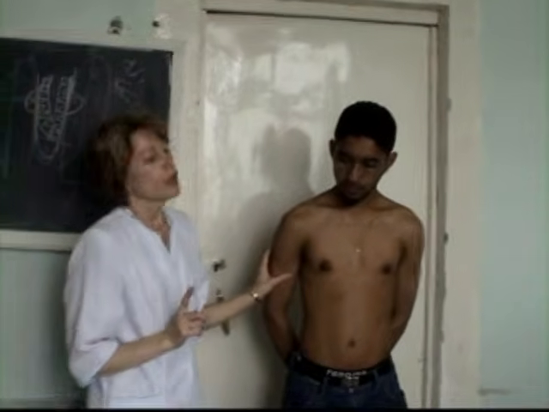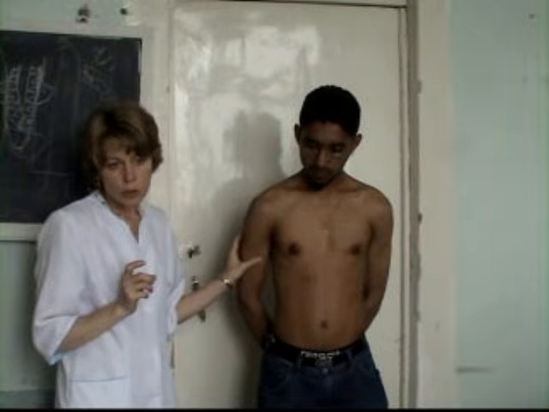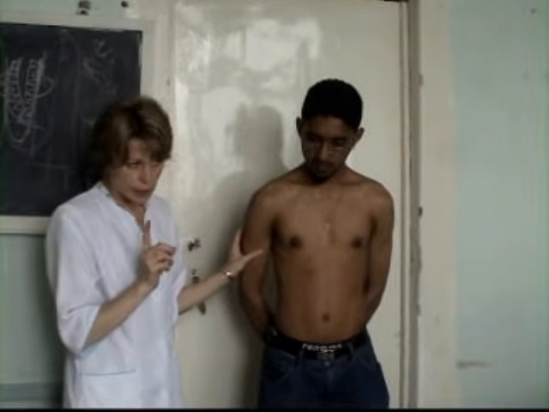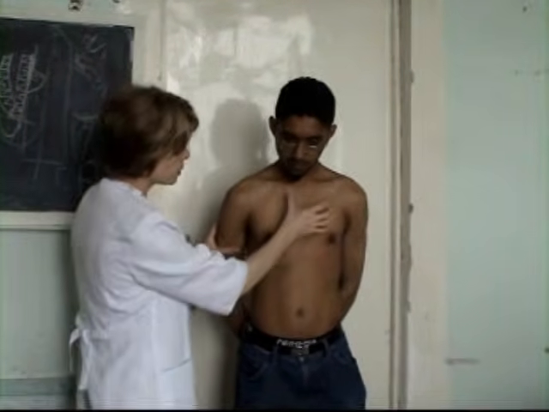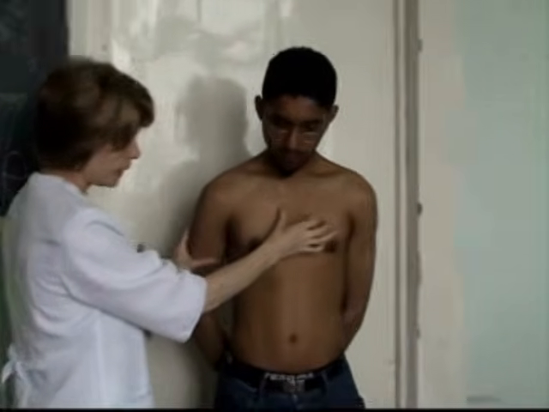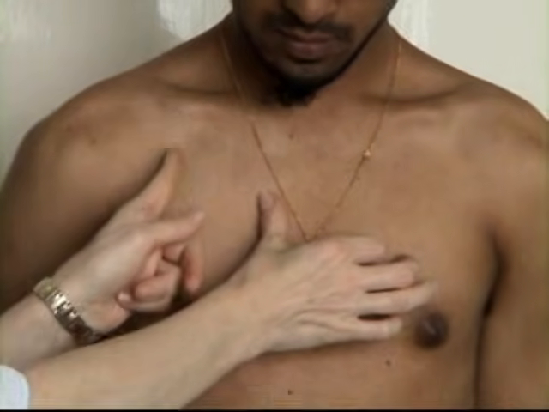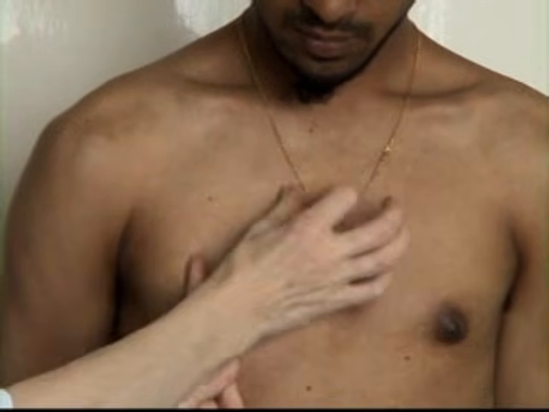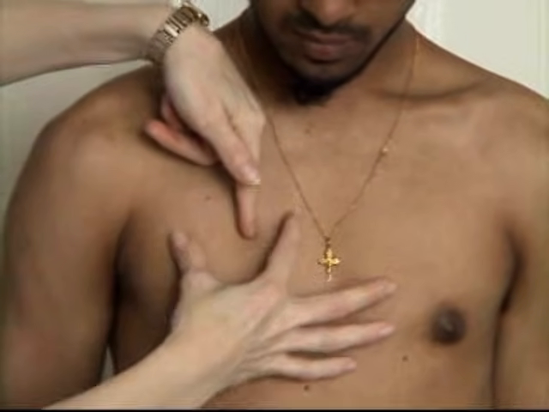Topographic percussion is made along all topographic lines, starting from the parasternal line. The parasternal line is situated between the sternal line, where we find the edge of the sternum, and the mid-clavicular line. Between both lines will be the parasternal line.